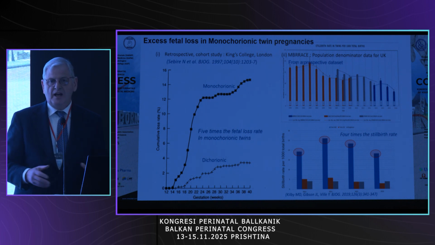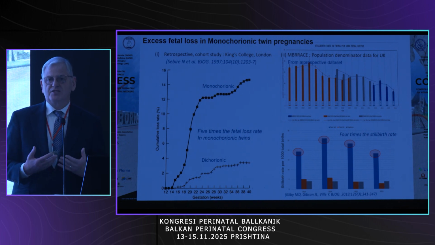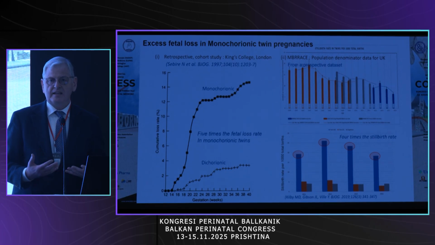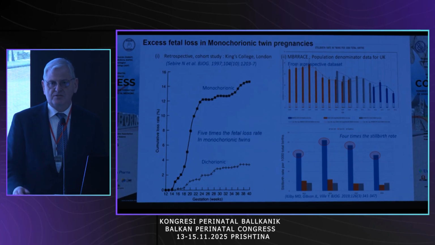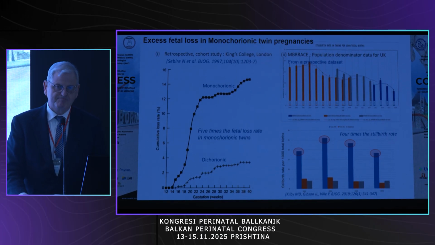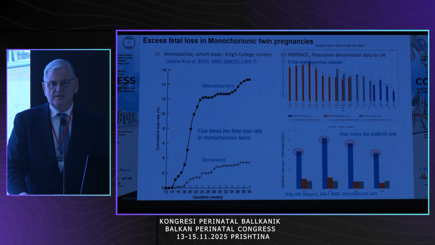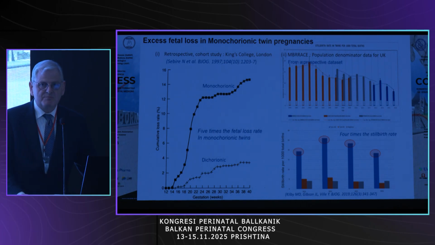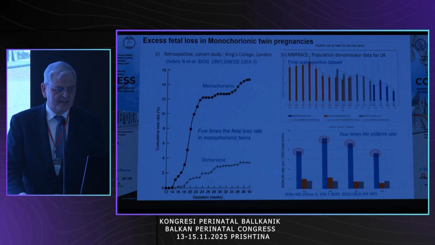And that's due to a systematic teaching approach with clear guidelines that have led to a sustained reduction in perinatal mortality. We know, though, that with the exception of preterm birth, both spontaneous and iatrogenic, it is monochorionic twinning that leads to the highest risks of morbidity and mortality in twins.